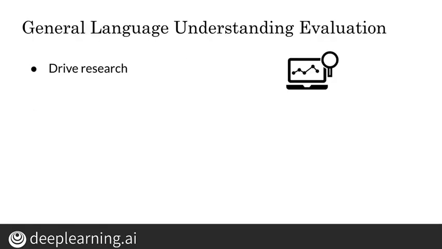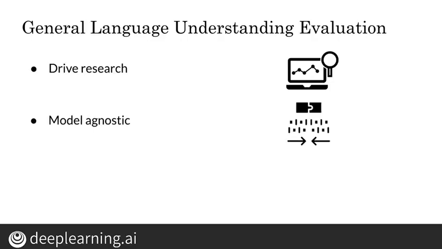So it's used to drive research. As I said, researchers usually use GLUE as a benchmark. It is also model agnostic, so it doesn't matter which model you use. Just evaluate on GLUE and see how well your model performs.